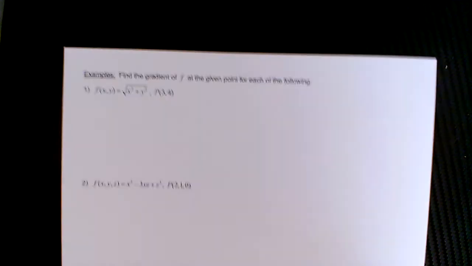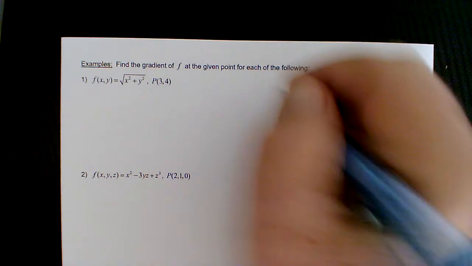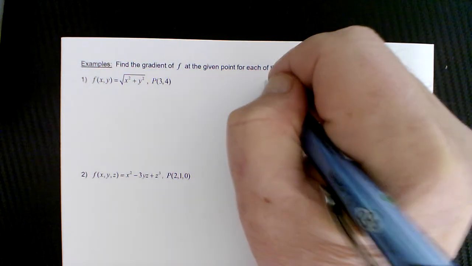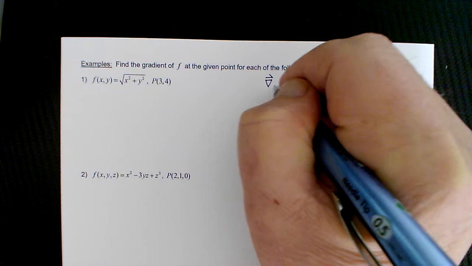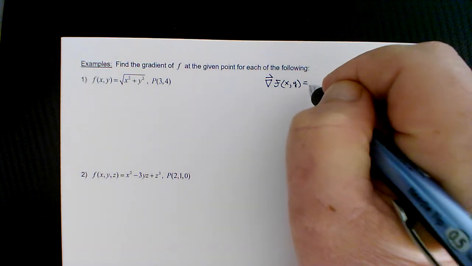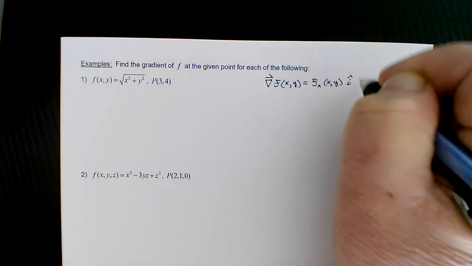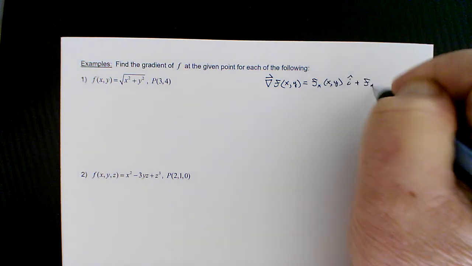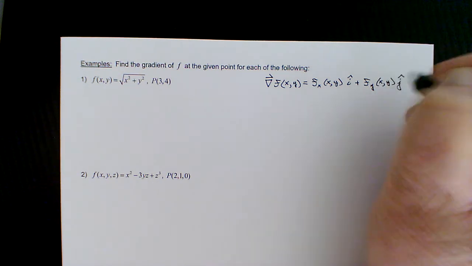The first two examples here are just asking to find the gradient at the given point. So just to reiterate the formula for the gradient, when you have a function of x and y, the gradient of a function is defined to be the partial of f with respect to x times i, plus the partial of f with respect to y times j.